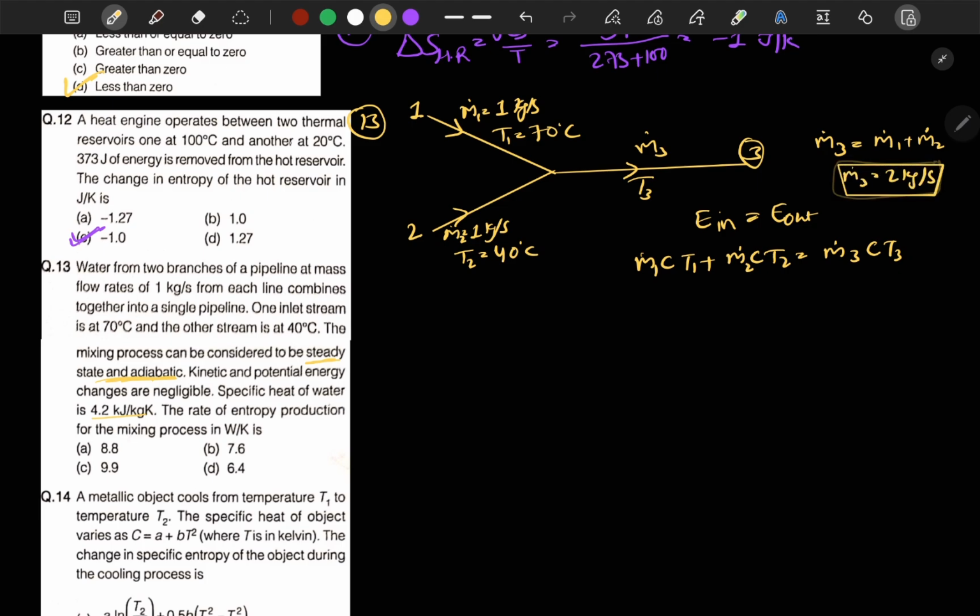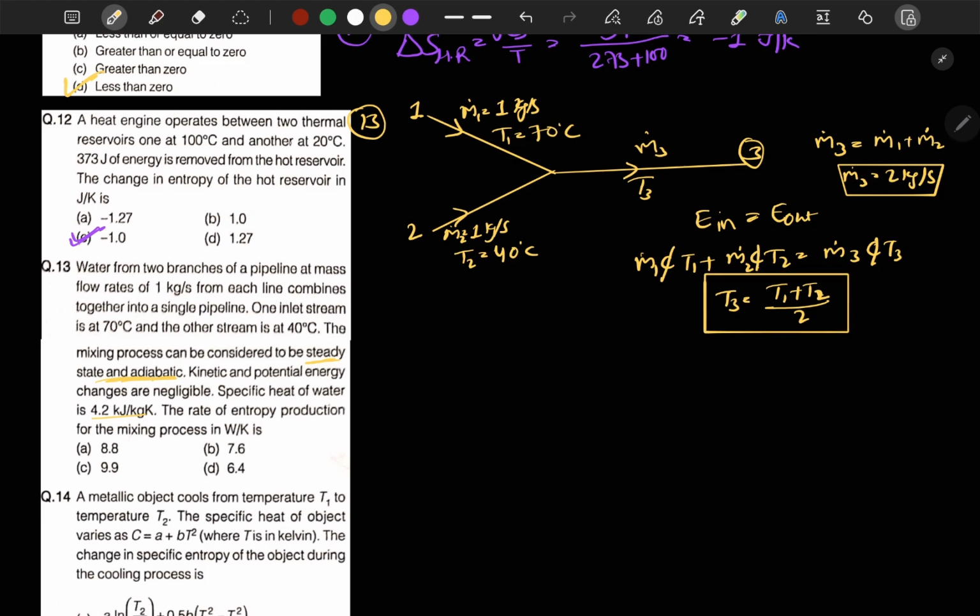Now by applying this equation I can directly cancel the c from all the terms. Now from here T3 is equal to T1 plus T2 by 2.